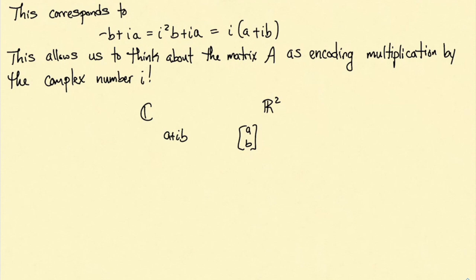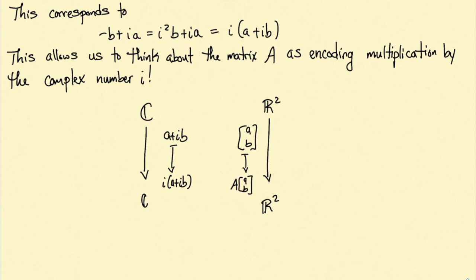Well, we can think about defining a function which takes in a complex number and outputs the complex number i times that complex number. Similarly, we can define a matrix transformation using A, which goes from R2 to R2. It takes in a vector and outputs A times that vector.